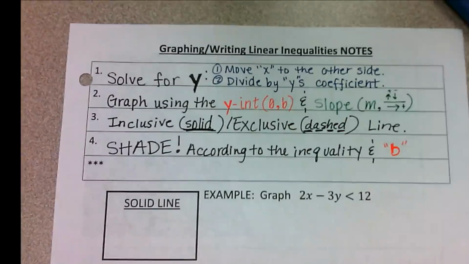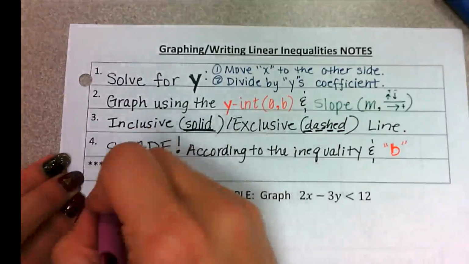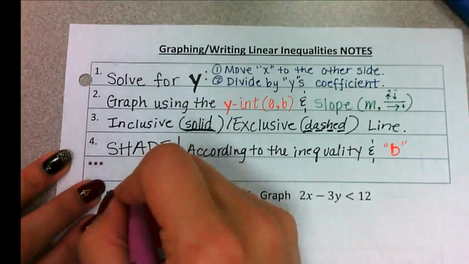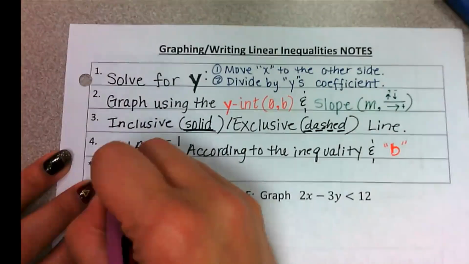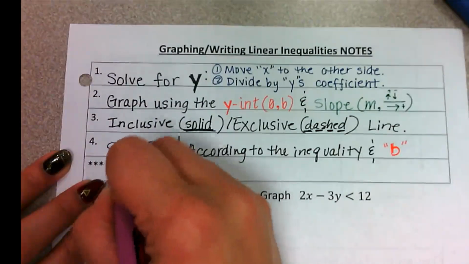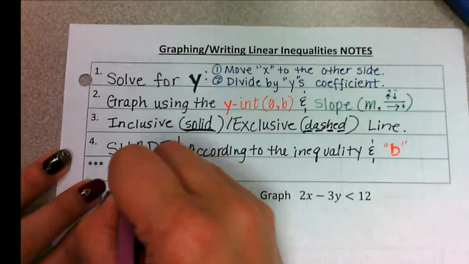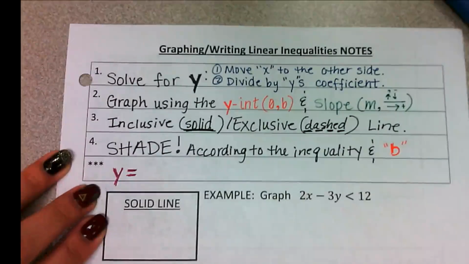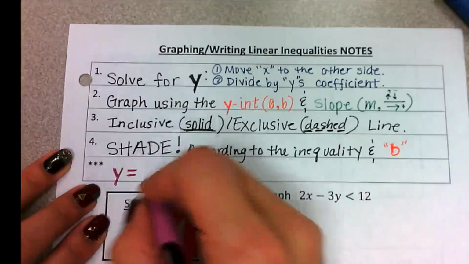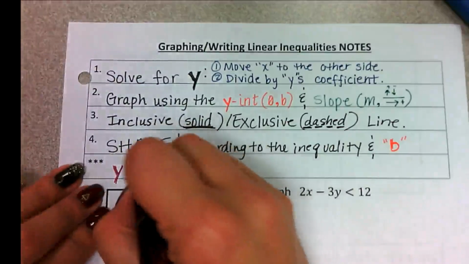Okay, now, this one is important because this is probably something that you do not recall, and we don't have that much time to review it. So, remember, if you have y equals as an equation, so let's say y equals 2, or y equals -5, it doesn't matter.